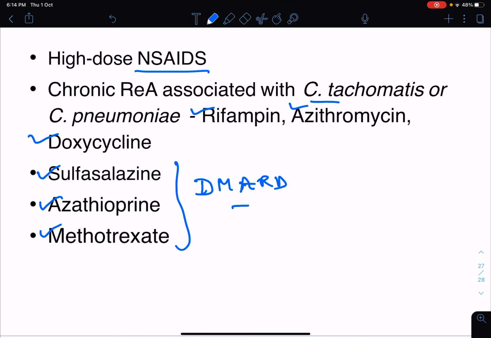Now, if we talk about the multiple choice questions coming from the topic of reactive arthritis, the questions can be like the commonest organism which is associated with reactive arthritis, both in India and globally.